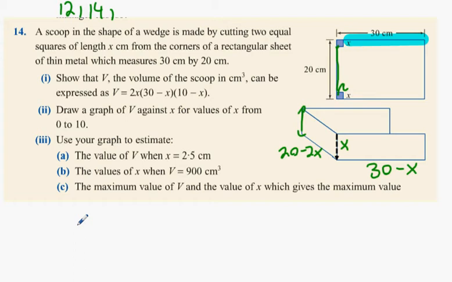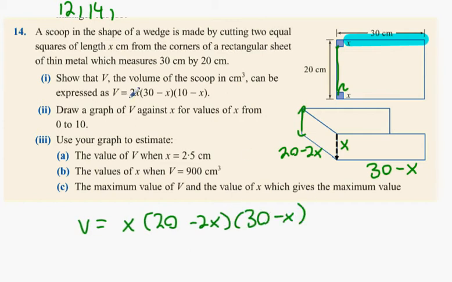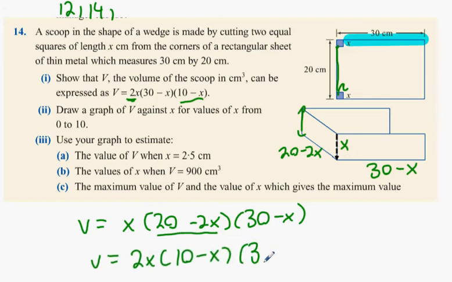Well, it's a bit stupid the way they presented it, because volume is height by width by length. See the way they have the 2 on the outside? And see the way they have 10 minus x? What do you think I can do with this 20 here? Take out 2, can't I? Now it's exactly the same answer, isn't it?